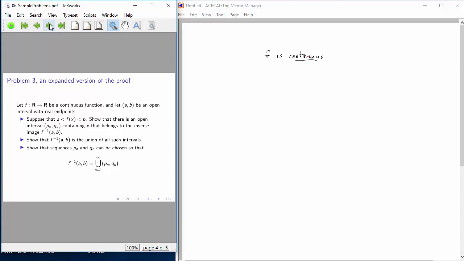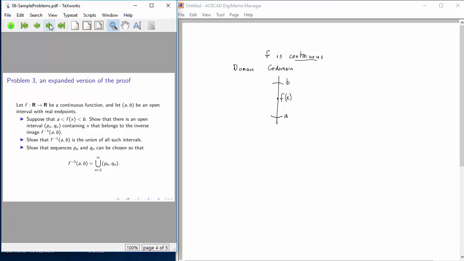I'll start with the first part by drawing separate diagrams for the domain and the codomain. Here in the codomain, we've got an interval that extends from A to B. It's an open interval, and a certain function value, f of x, is inside it.